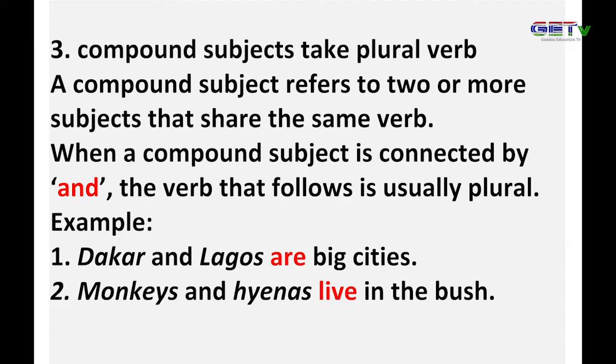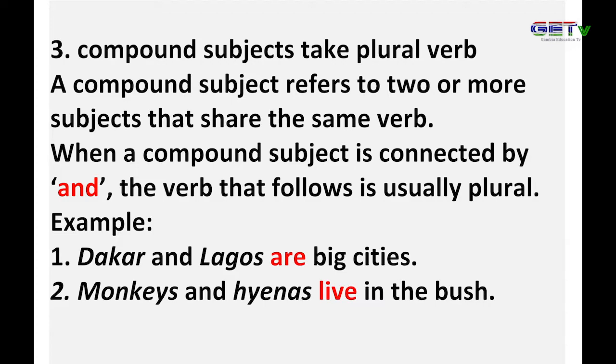Even though the subject monkeys was not connected to the subject hyenas, it will still take a plural verb because monkeys is already plural. So what I want you to understand here is that compound subjects connected by and always take plural verb.